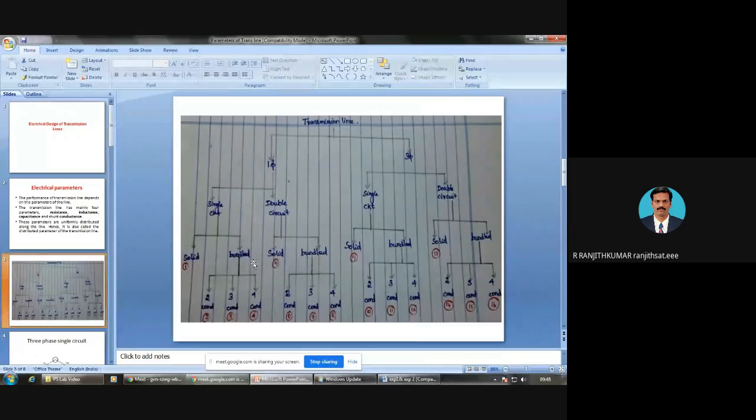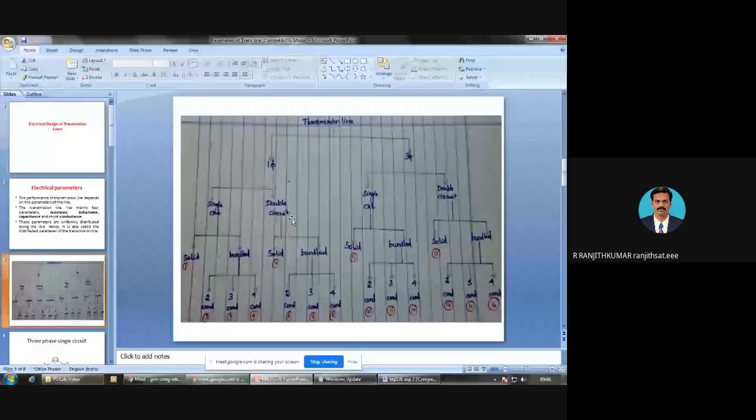Solid conductor means one conductor per phase. Bundled conductor has a classification of two conductor, three conductor bundle. Same thing for single phase double circuit solid and single phase double circuit bundled. In bundled, two conductor, three conductor, and four conductor.